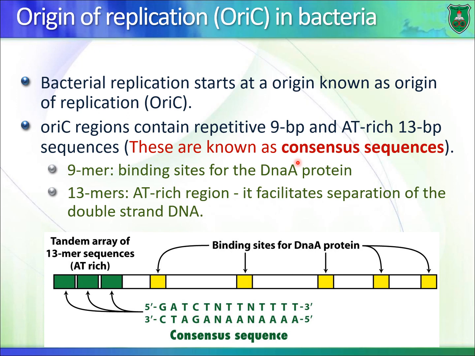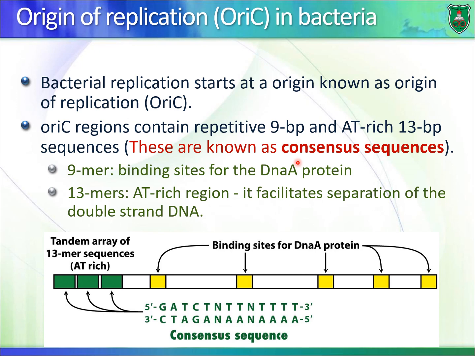A consensus sequence is a sequence that is agreed upon, meaning that you can find the same sequence in different bacterial species and strains. Like in the parliament, for example, when they take a decision unanimously, we say that there is a consensus in terms of the decision.